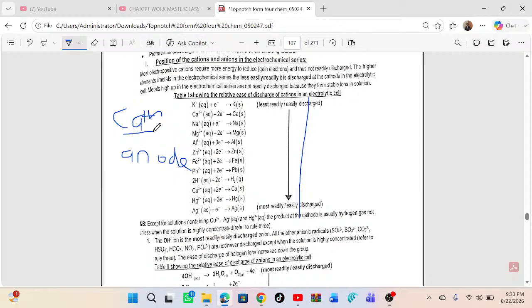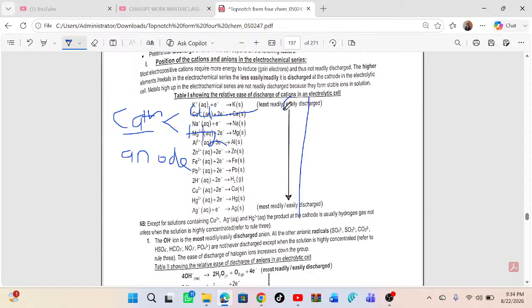Then kwa cathode, tutakuwa tu tunaproduce only two substances, that is copper and hydrogen. Kwa cathode we can only produce either copper or hydrogen. So copper inaproduciwa wakati gani? Copper is only produced when using copper sulfate.